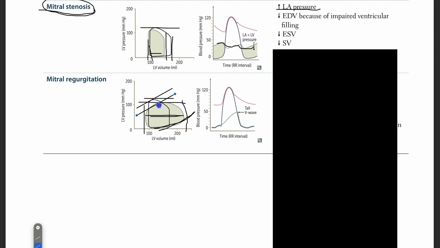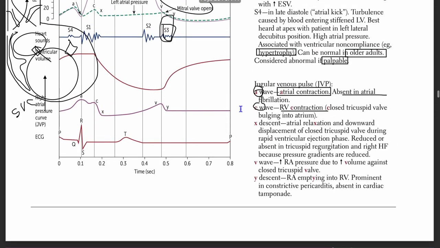So contractility decreased. Okay. Over here we see that after the mitral valve closes, the mitral valve is leaking through. So blood from the left ventricle is going back into the left atrium, right? So that's why you get the leakage back. So that's why you have this tall V wave over here.